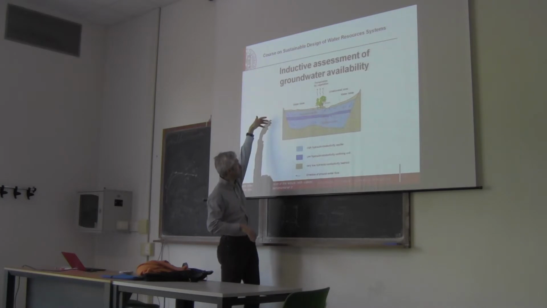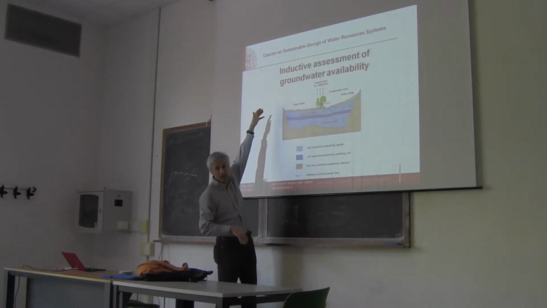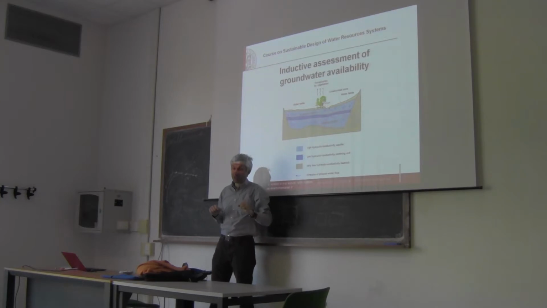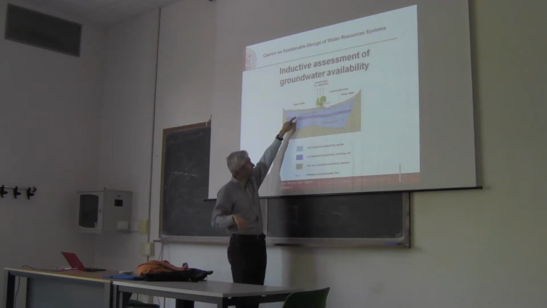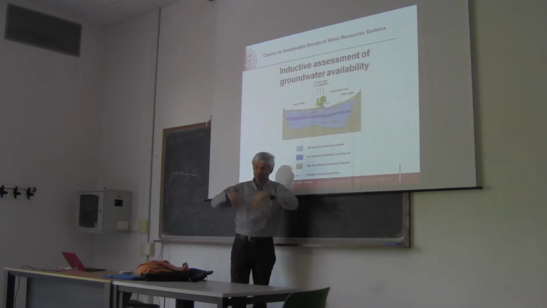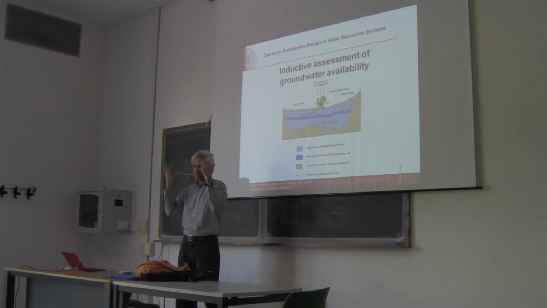If water is coming in laterally, from above, from the mountains, through confined channels underground, then the aquifer is put under pressure. Under pressure means that there is no free surface. And if we dig a well here and make a hole in this confined aquifer, then water may come to the surface without any need for pumping, because it's under pressure.